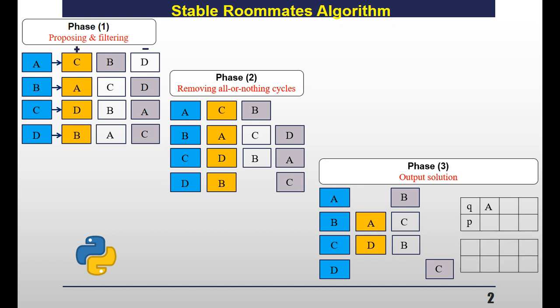So create Q and B matrices. We choose any user who has more than one choice, so we can choose B as our player.